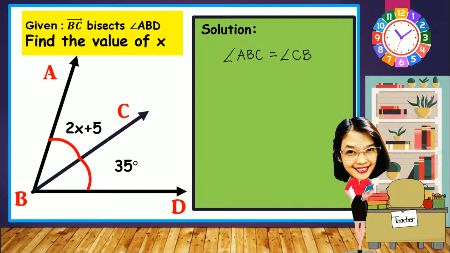Kasi nga, di ba, nahati sila equally. Then, their measurements are also equal. The measurement of angle ABC is 2x plus 5. And the measurement of angle CBD is 35. So, we'll write here 35.